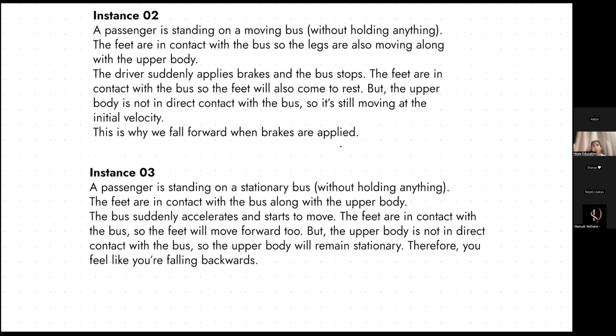How do you explain it relevant to Newton's first law? Actually, we wear seat belts because of instance 2. Yes, correct. According to instance 2, whatever the vehicle you are moving in, when it applies brakes and stops, you tend to fall forward, right?